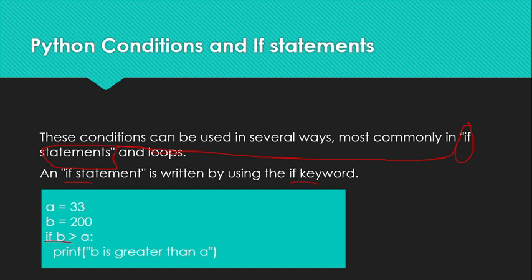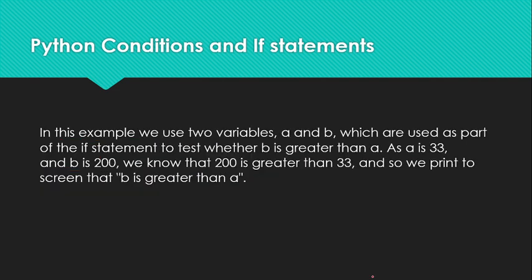So A is equal to 33 and B is equal to 200. If 200 is greater than 33, then it says B is greater than A.